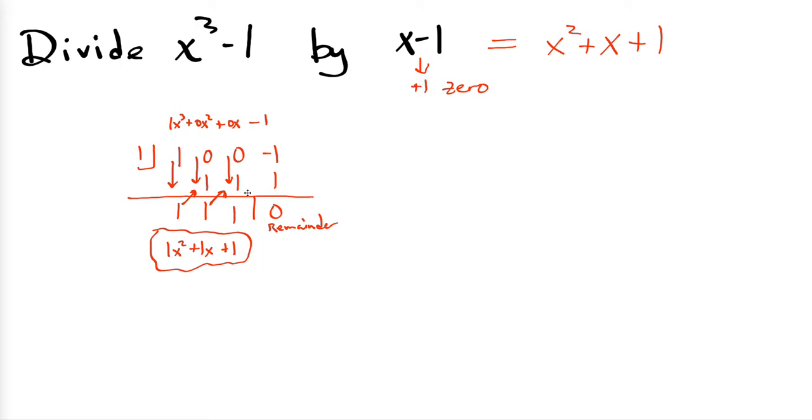Add down, get 1. Times the box, get 1. Negative 1 plus 1 is 0. So you're actually going to follow the same pattern repeatedly. Add them, multiply by the box, right into the next spot. Add them. Once you get the process, it is easy. Once you get it, it's just weird.